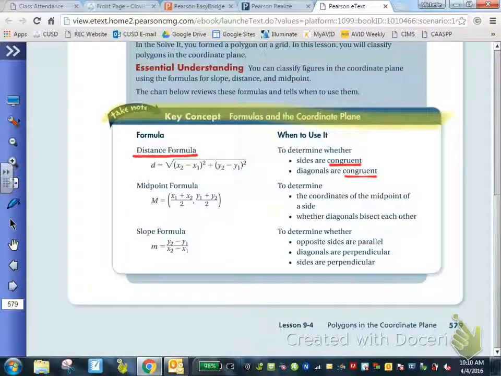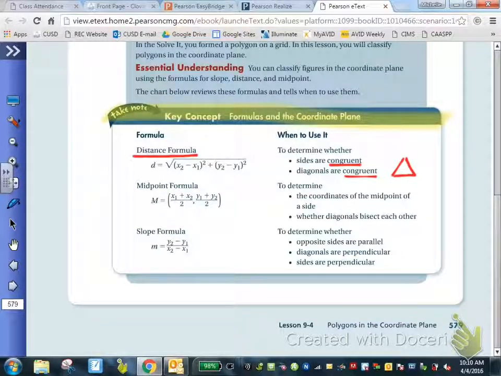Okay. So let's say, for example, I ask you to prove, because what we're going to do is I'm going to give you a shape on the coordinate plane, and then I'm going to ask you to name it using the most precise name. And your math work is going to be the proof that it is that name. So for example, say I give you a triangle, and I tell you it's equilateral.